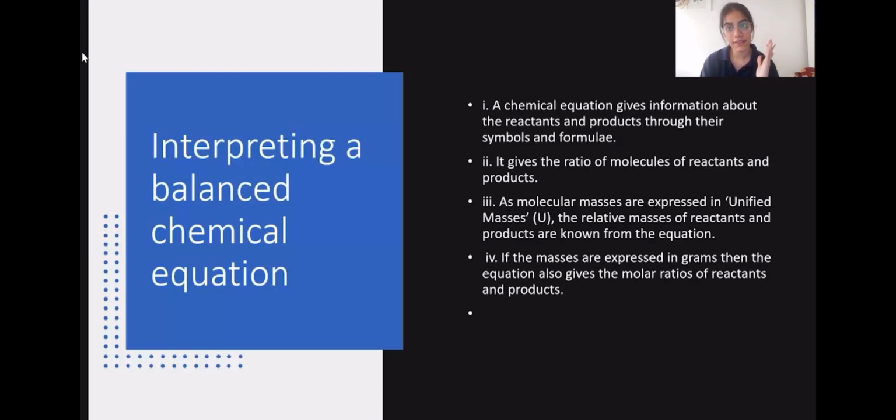But the chemical reaction gives us more important information. When you study a basic balanced chemical equation, it will give you the ratio of molecules of reactants and products because it is balanced. We know that as molecular masses are expressed in U, the relative masses of reactants and products are also known from the equation. And if the masses are expressed in grams, the equation also gives us molar ratios of reactants and products using Avogadro's number.